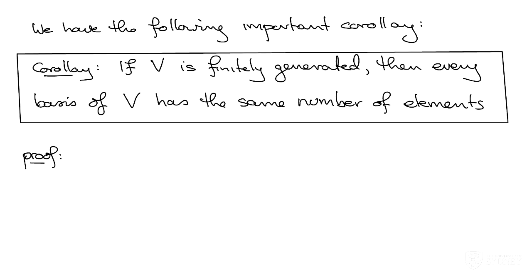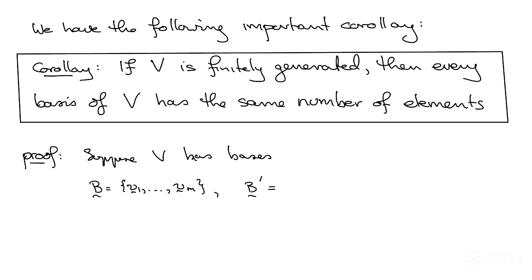So let's write it out. Suppose for a contradiction we have two bases of different sizes. Say B being V1 up to Vm and B prime being V1 up to Vn prime, and let's say n is strictly smaller than m.